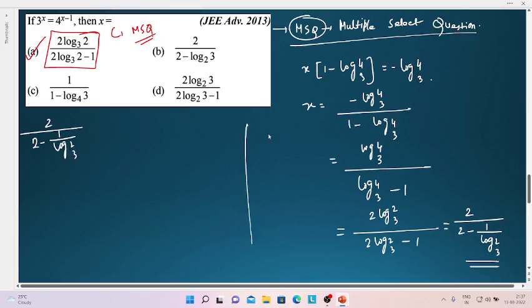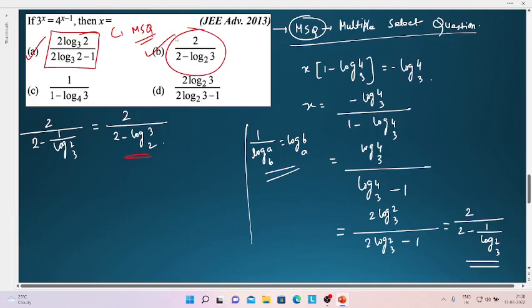So we have the relation 2 upon 2 minus 1 upon log 2 base 3. We know another logarithmic identity: 1 by log a base b can be written as log b base a. So that part can be written as 2 upon 2 minus log 3 base 2, right? So option B is also correct, because it is the same as this part.